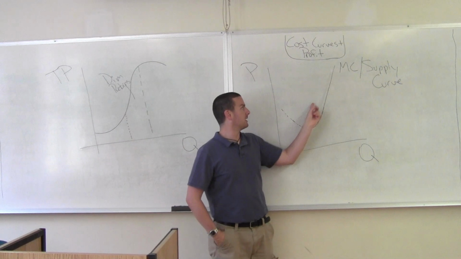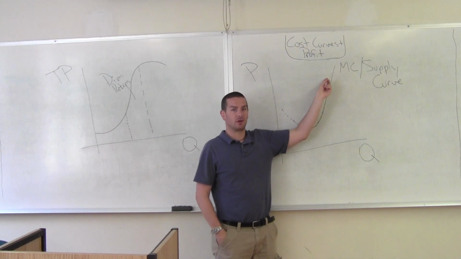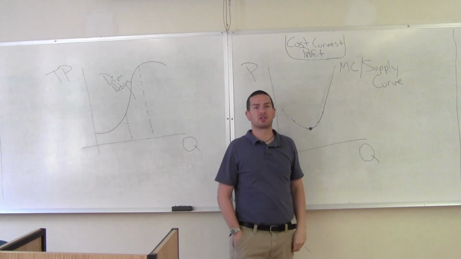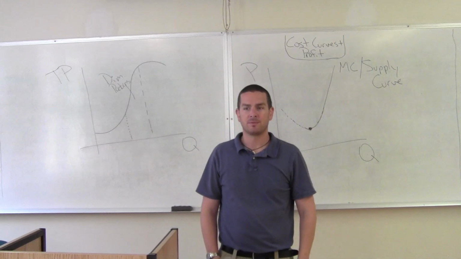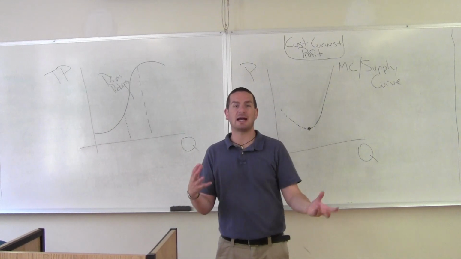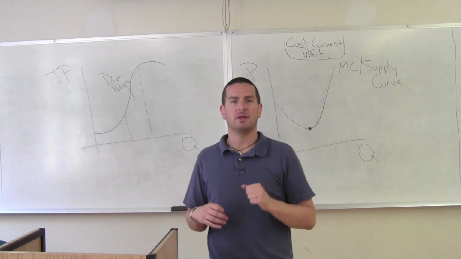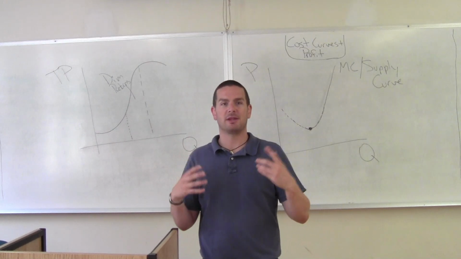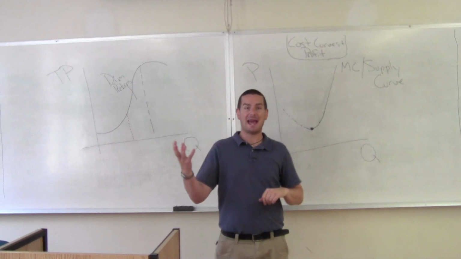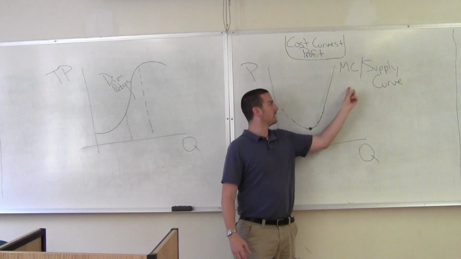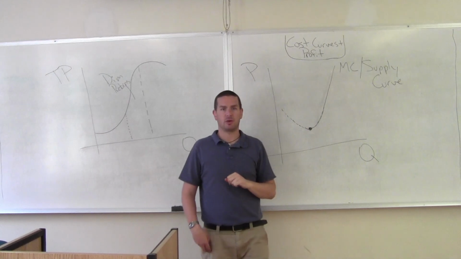And if you can't make an upward sloping marginal cost curve, you don't get an upward sloping supply curve. So basically what I'm trying to tie together for you is this concept that if there's no such thing as marginal products, you can't get an upward sloping supply curve, okay?